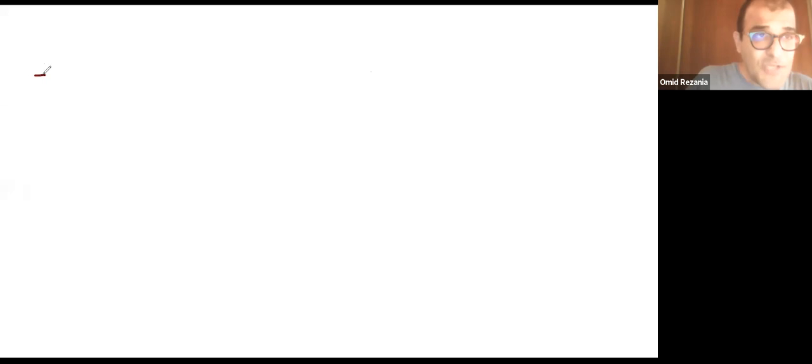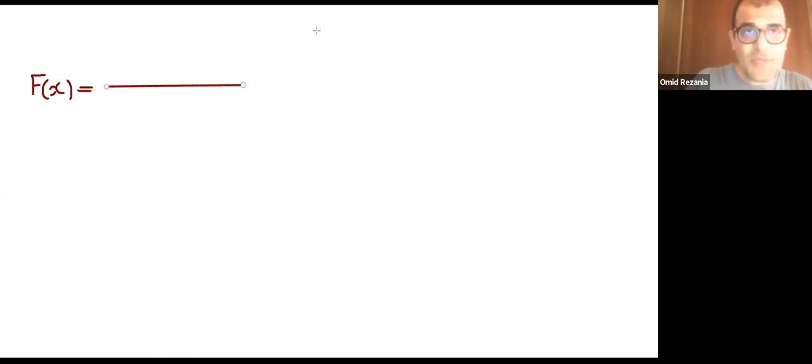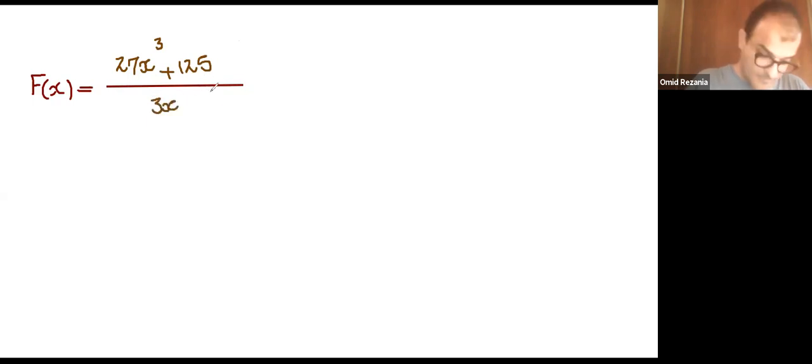It was called f of x, a rational expression, and it was denoted like this: (27x^3 + 125) divided by (3x + 5). Correct? That's what I had.